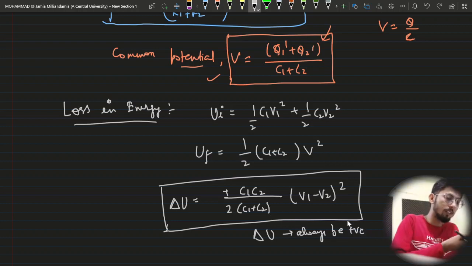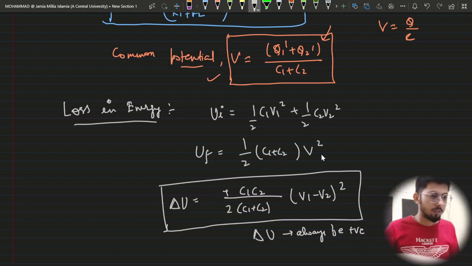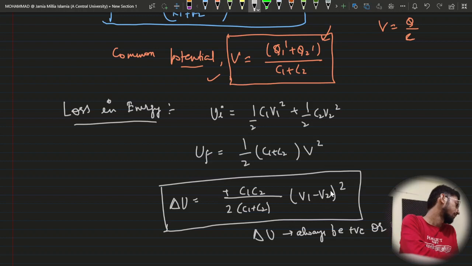Or either it will be 0 or positive. So that's how it is.